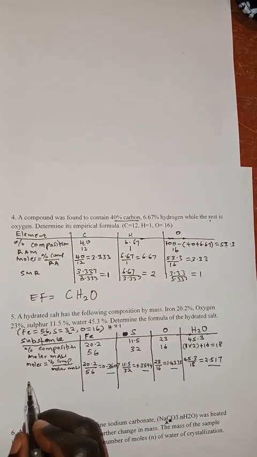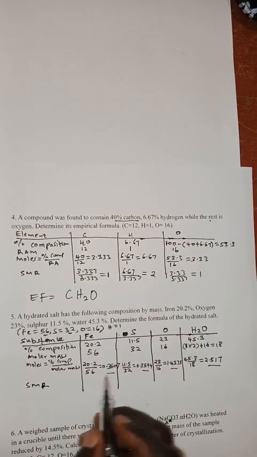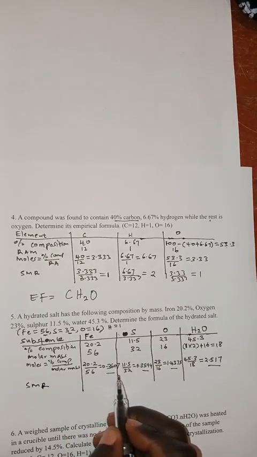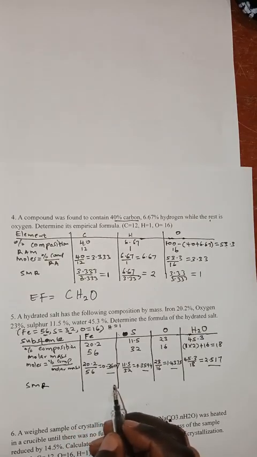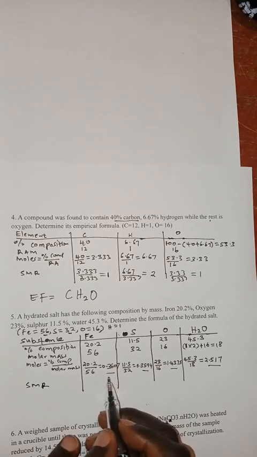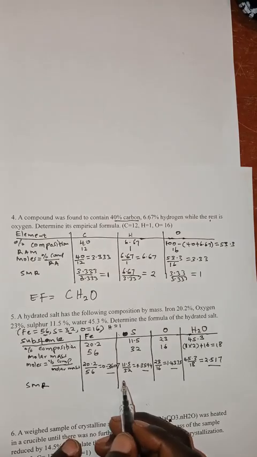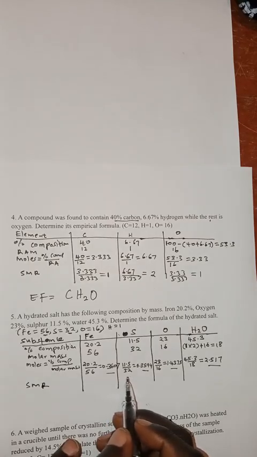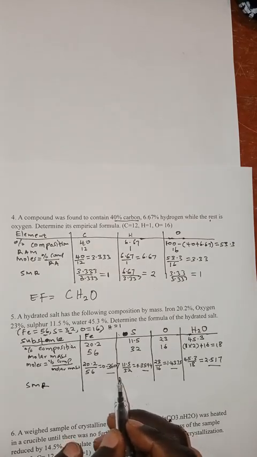Now we get the simplest mole ratio. We look at the moles of each substance and we divide each one by the smallest number of moles. Looking at the 4 moles that we have calculated, the smallest number of moles are the moles of sulfur. So we are going to divide all the moles that we have calculated by the number of moles of sulfur.